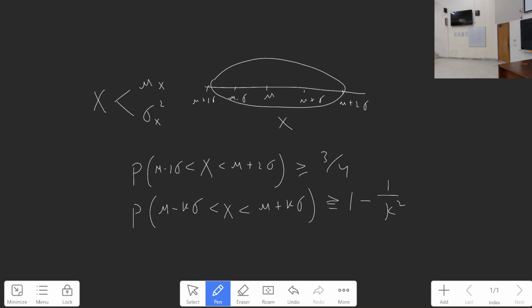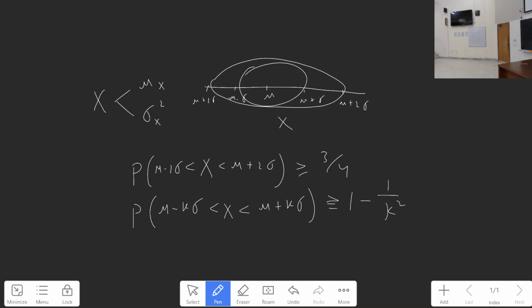If you want the chances that the random variable lies within one standard deviation, you can get a limit by putting k equal to 1 here. If you want two standard deviations, that is mu plus 2 sigma and mu minus 2 sigma, you put 2 here and get that. You want 3 standard deviations, likewise.